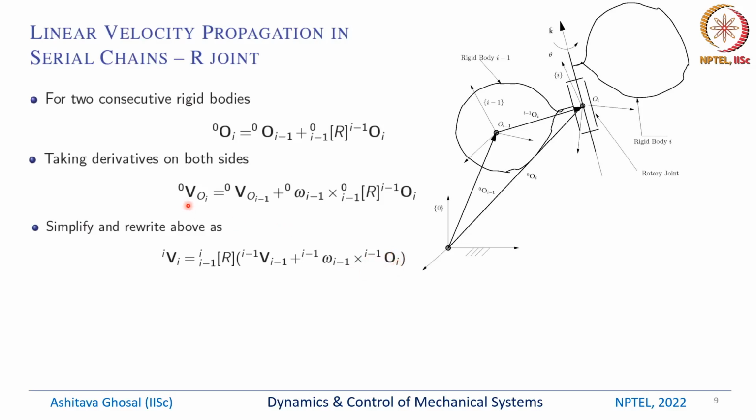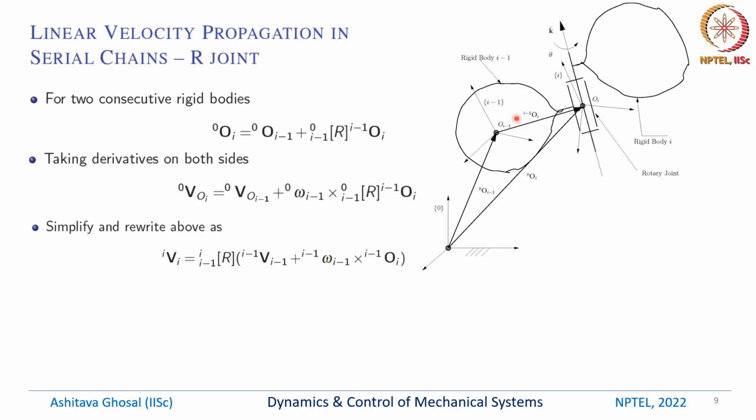So just pre-multiply the previous equation with the i to 0 rotation matrix, and then rearrange and we will get this. This is also a propagation formula for the linear velocity vector.